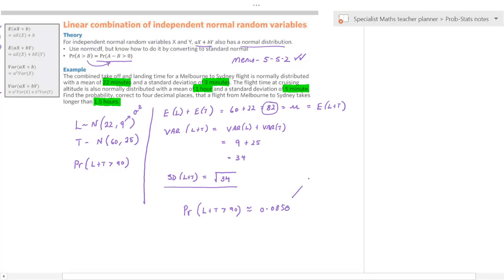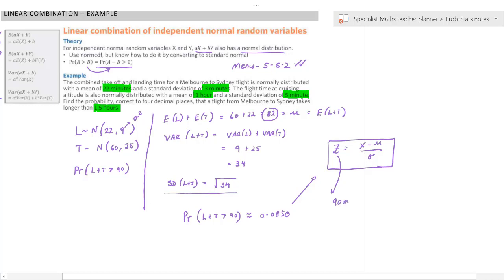Now, look, you could do this with the standard normal, which means that you would have to go Z is equal to X minus mu over sigma. What a waste of time that would be, because when you use your calculator, you don't have to find that. We'd have to work out what that Z score is for 90 minutes, so 90 minus mu, which is 82, over the standard deviation, which is root 34.